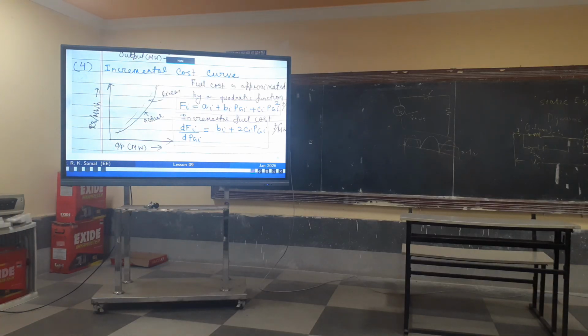Total cost is a quadratic approximation of the curve, and the incremental cost is given by dFi by dPi. Okay. Remember it. The fuel cost curve is approximated by a quadratic function, and the incremental cost is the differential of that quadratic function. Clear? Keep that in mind.